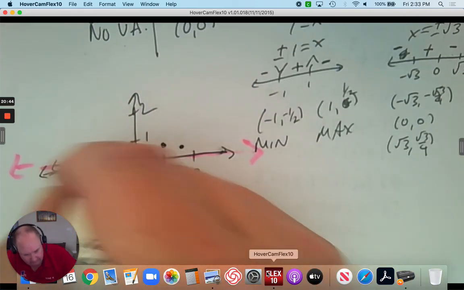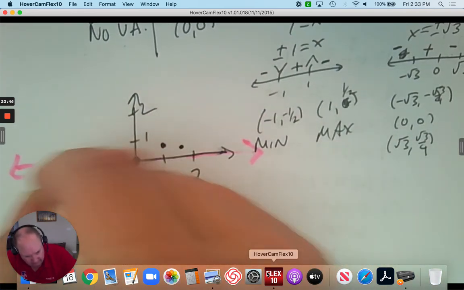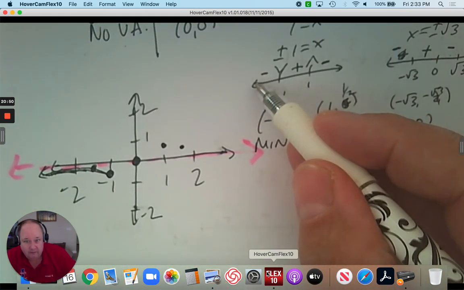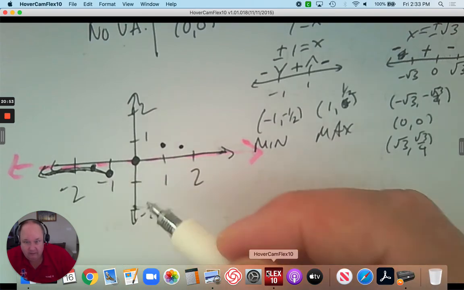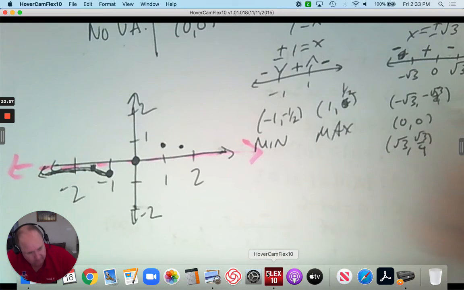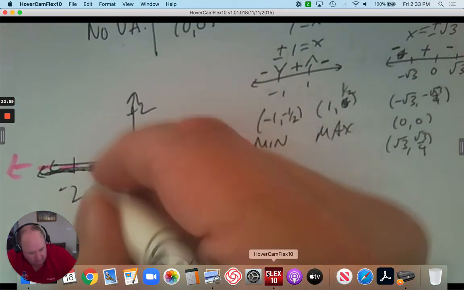So we have our end behavior. So first of all, it's concave down, and it's decreasing. And then at -1, it's concave down to here. And then from -√3 to 0, it's concave up.